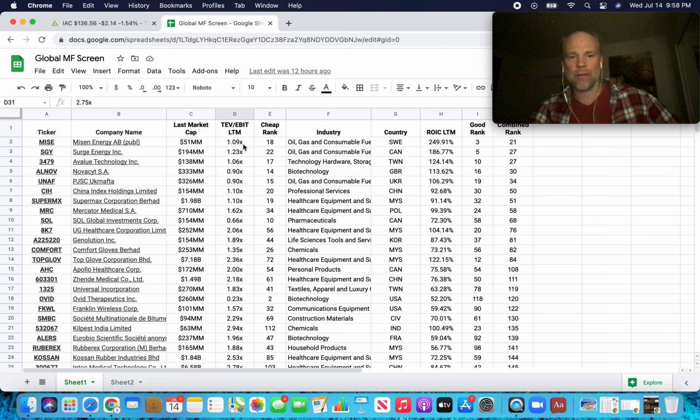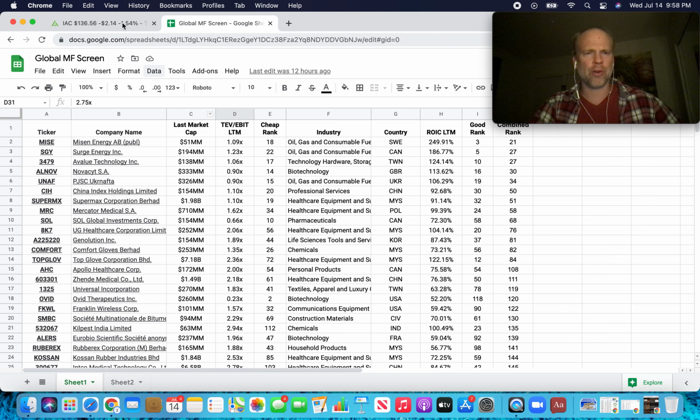Okay, so a very easy way to run an Acquirer's Multiple screen would just be to screen for total enterprise value over EBIT over the last 12 months, and just completely forget about return on invested capital.